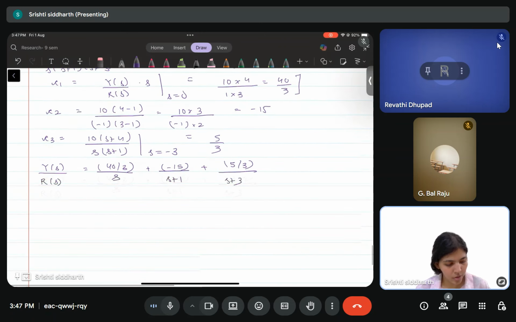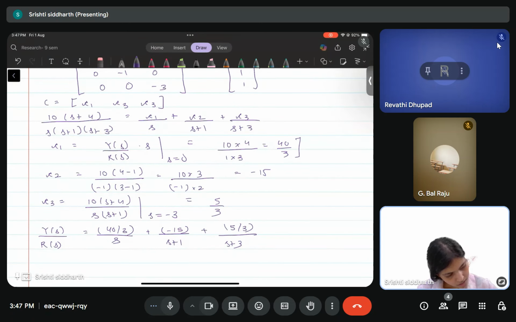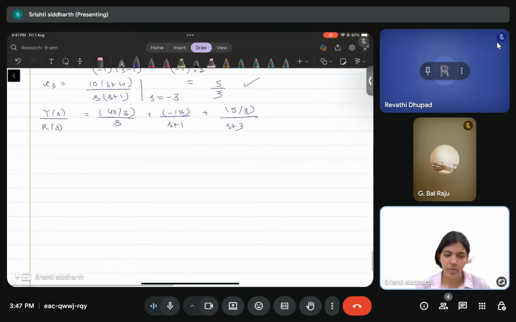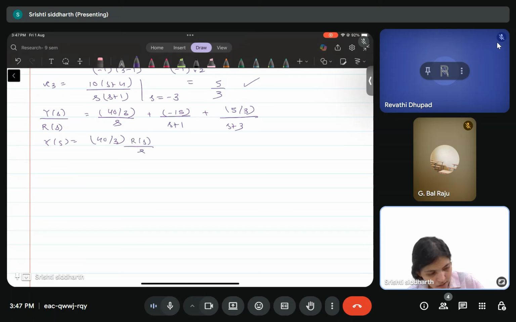You already have the coefficients, so this is C1, C2, and C3. This is the transfer function. You can also write this as 40 over 3 R(s) over s, minus 15 R(s) over s plus 1, plus 5 over 3 R(s) over s plus 3.